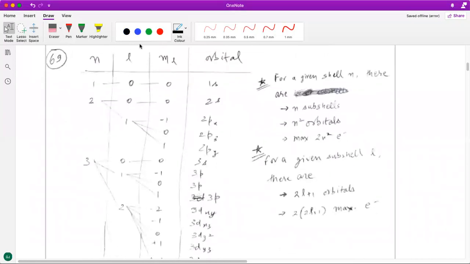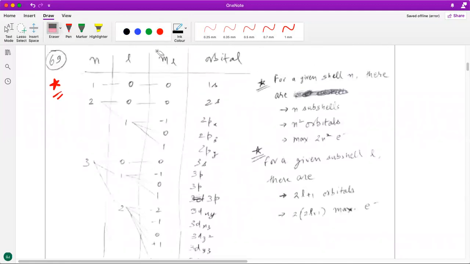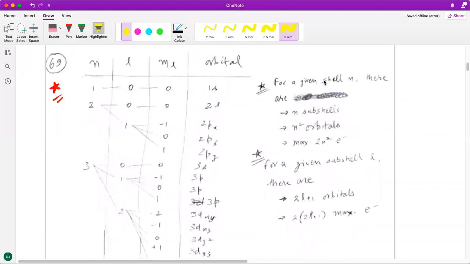69th question is a decent question, but we have discussed this in class as well, when we focused on the counting of the number of orbitals in a shell. So n equal to 1 has 1, n equal to 2 has 4, n equal to 3, when you do the counting, you have 9 orbitals. So the trend that comes out is that for a given shell n, there are n square orbitals, right?